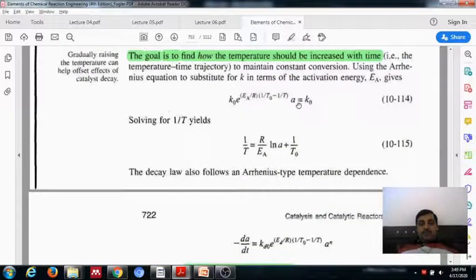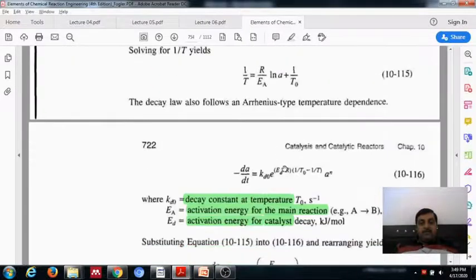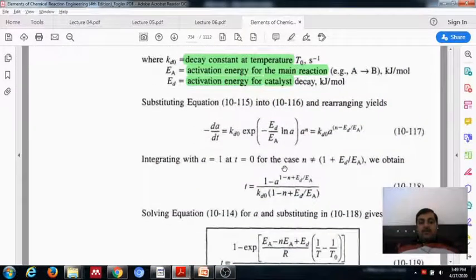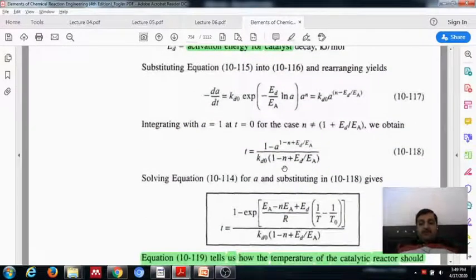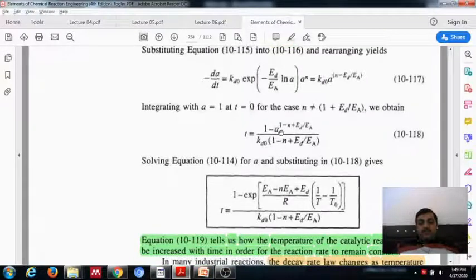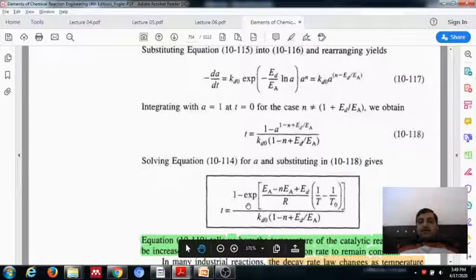If you look at here, your A becomes exponential of minus Ea by R, 1 by T0 minus 1 by T, and that is being fed here, A being exponential of minus Ea by R, 1 by T minus 1 by T naught, which is being then solved.